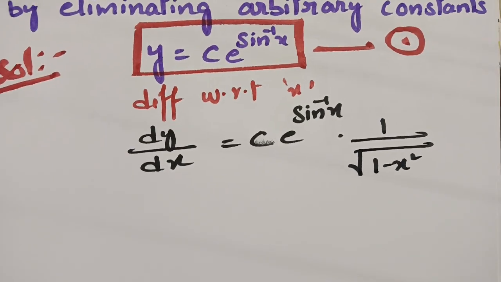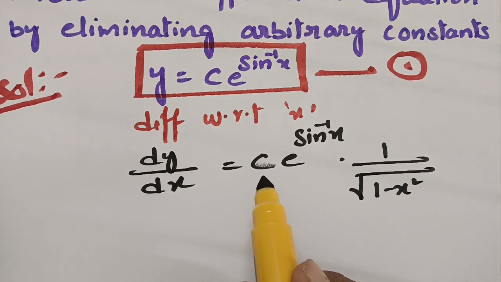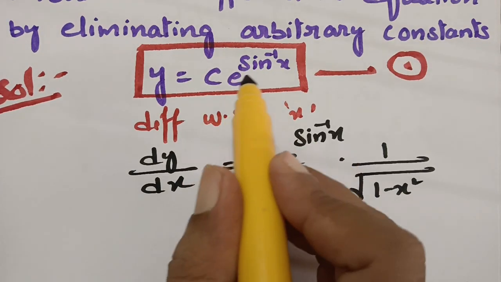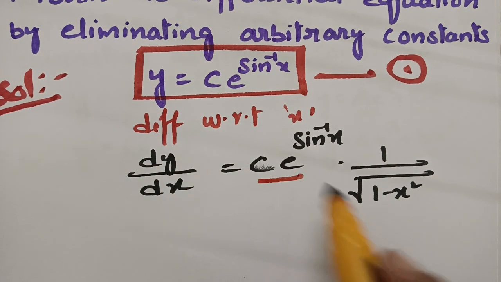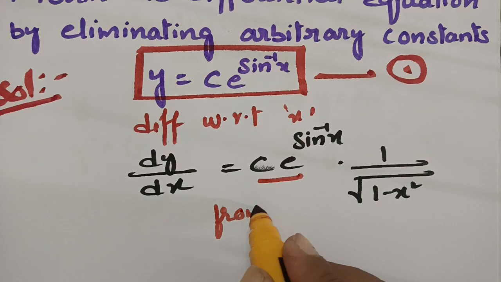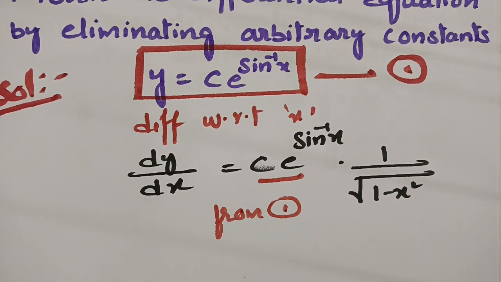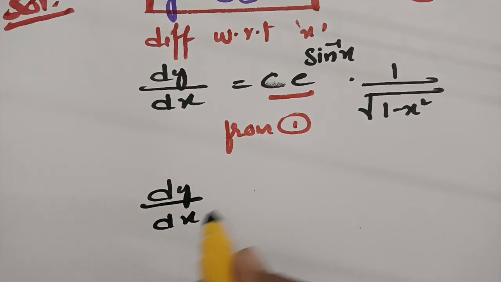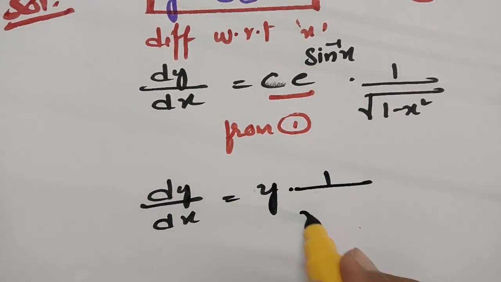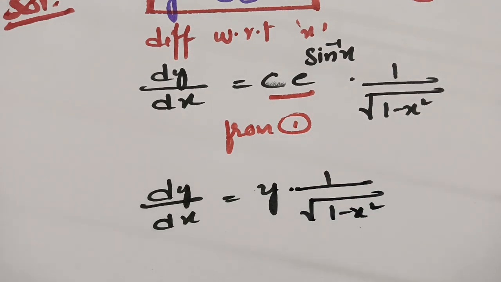Clear? And now I have to replace this one. C into e power sine inverse of x can be replaced by y from equation 1. So I am going to write dy by dx is equal to y times 1 by root over 1 minus x square.